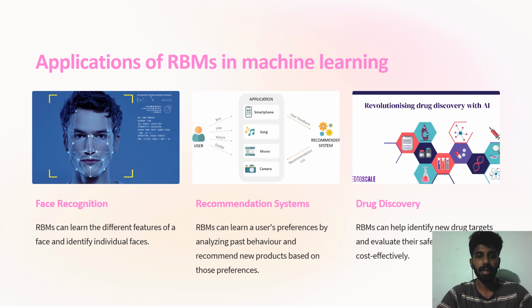Using these RBMs, we can identify which person this is, or the features of a specific person. Also, recommendation systems. RBMs can learn a user's preferences by analyzing past behavior and recommend new products based on those preferences. These RBMs learn from past experience and can produce recommendations.